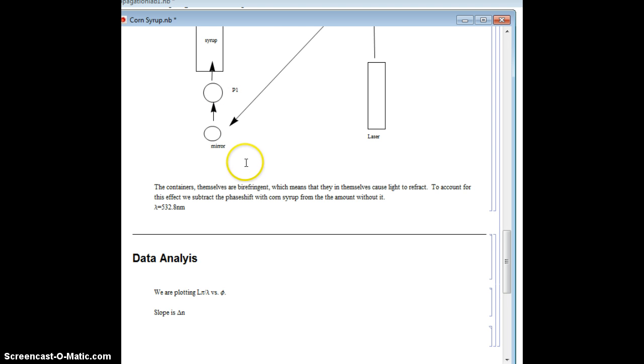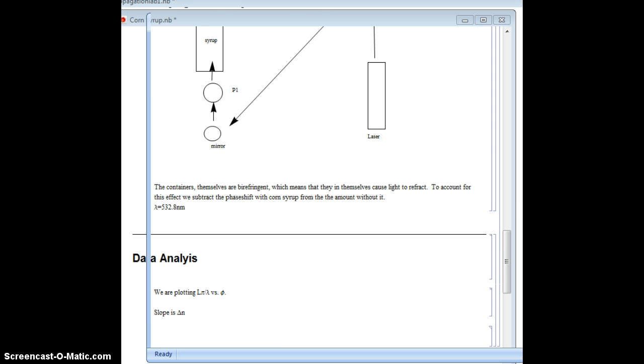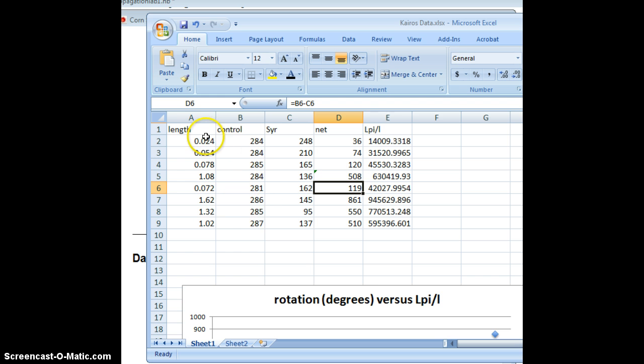So we collected our data, and I'll show that here. We got lengths, then we had our control, which no matter how many containers we had, they all had about the same birefringence level. Minimal difference is what we measured, and then our syrup value for the optimal polarization for the syrup, and then we just subtracted control from syrup, or syrup from control.